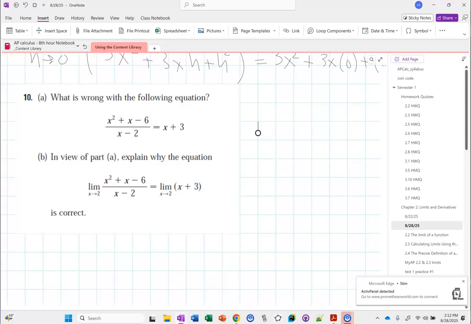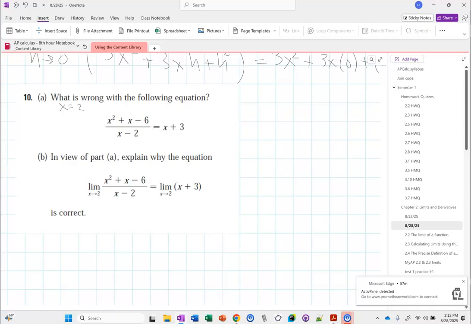Yes, Meredith is dead on. She's saying that when x equals 2, this is undefined, and this is 5. If the two things are equal, they need to be equal for all values of x, right?